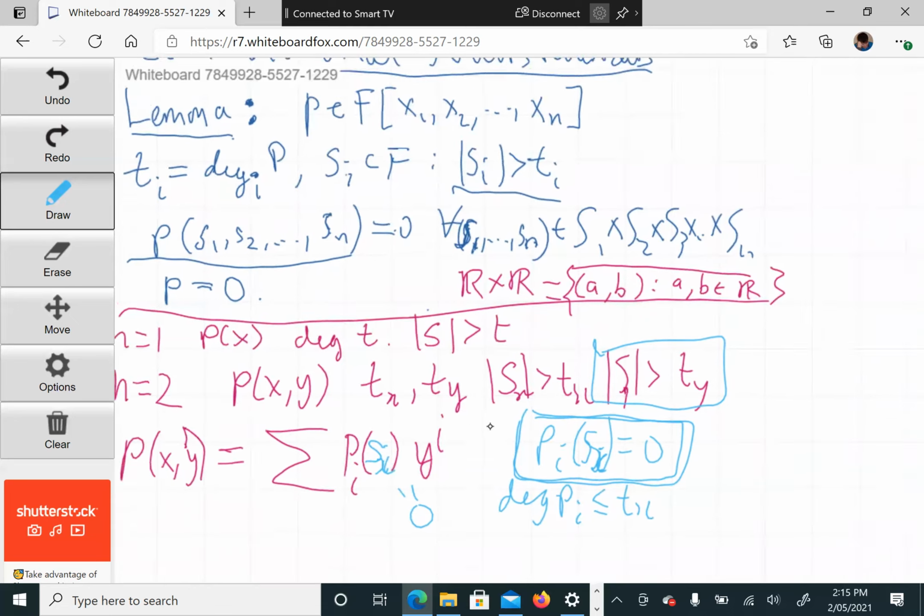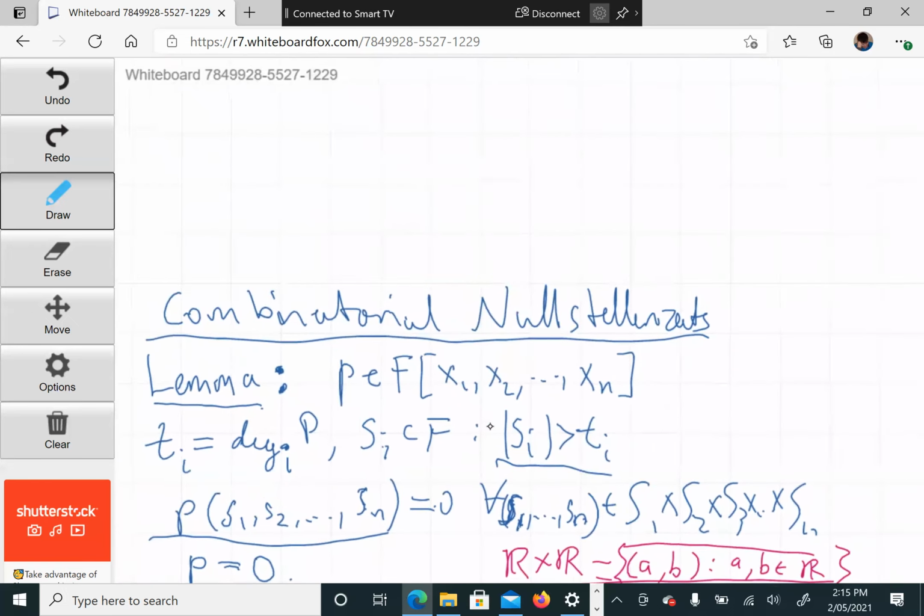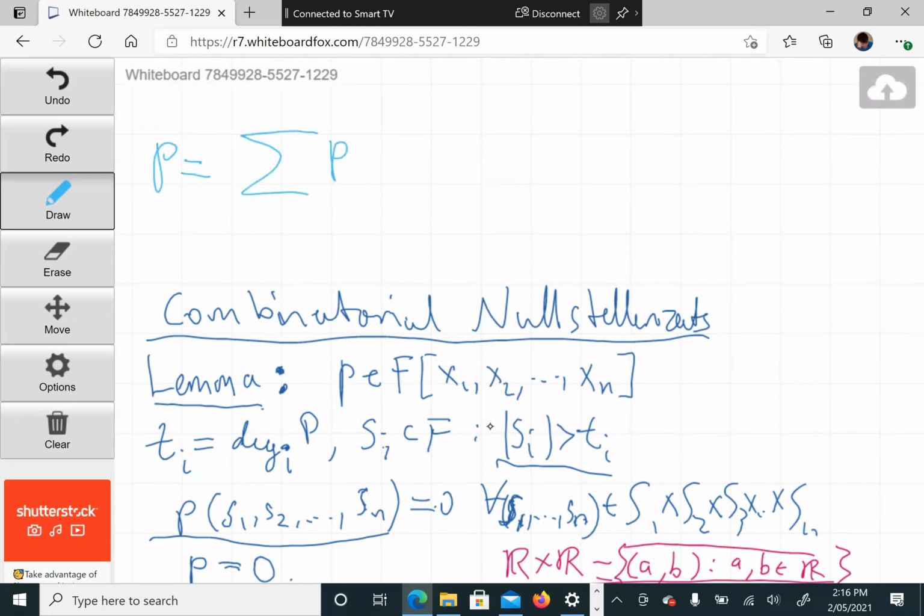Okay, so if you want to do an induction, you write p in terms of the previous variables, as a sum of pi of x1 through xn minus 1 times x to the n to the i.